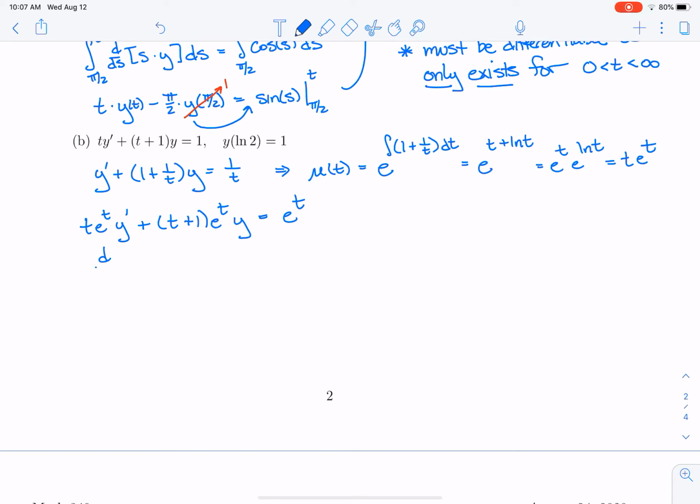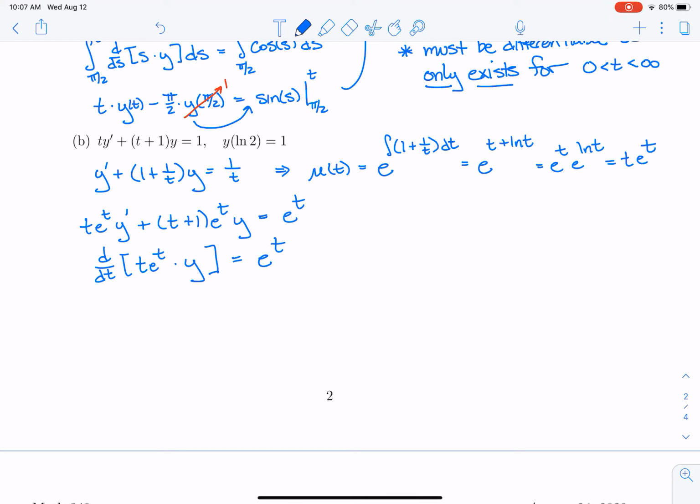So it's actually the derivative of t e to the t times y. It's the derivative of mu times y. And I really encourage you to take the derivative of t e to the t times y using the product rule so that you can see that I've written this correctly by undoing the product rule. Okay, so this is equal to e to the t.